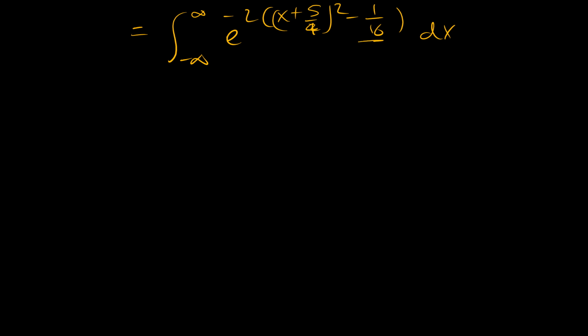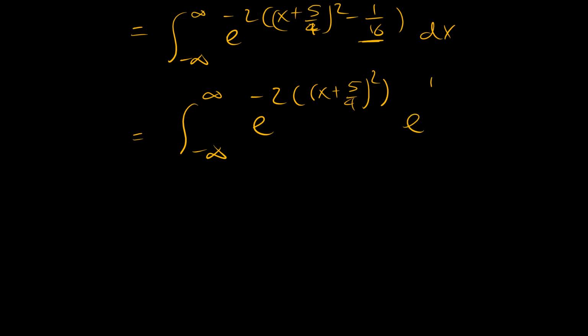We can pull this out, so negative 2 times negative 1 over 16, it becomes x plus 5 over 4 squared, close that bracket, and then we have e to the power 1 over 8.